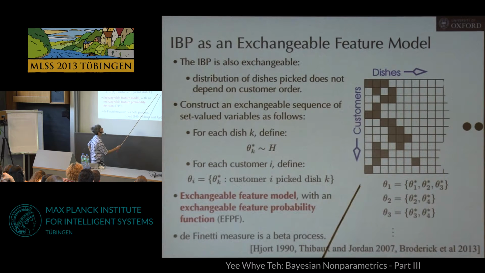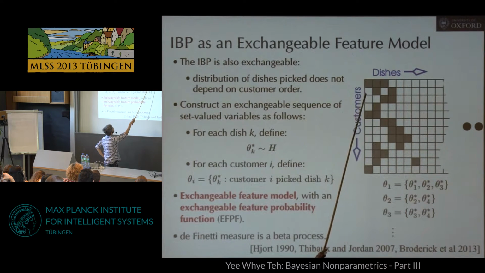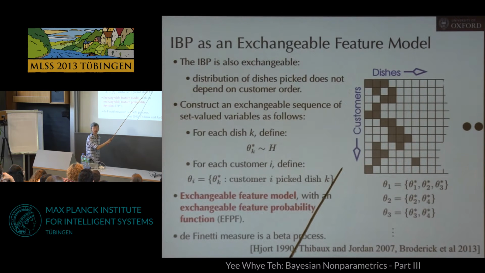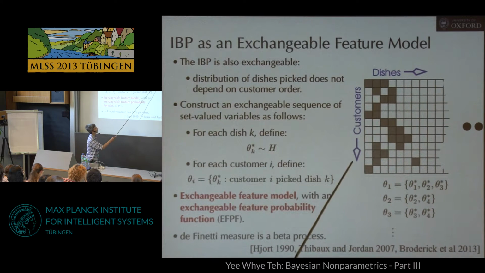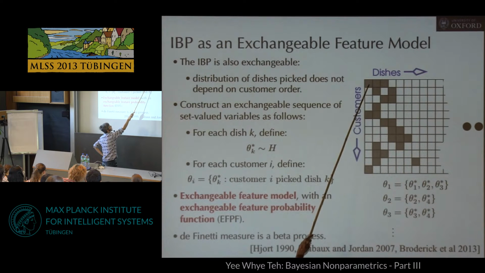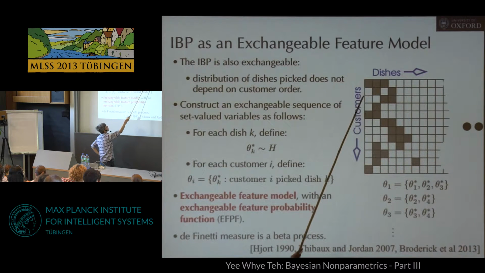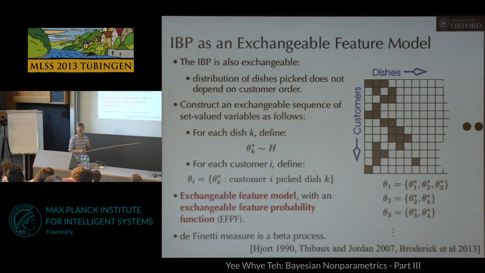In this case, we have a dish that was eaten by customers 1, 5, and the last customer here. If you reorder the customers, then you would reorder the dishes as well, because the dishes that the first customer has are always going to be the first number of dishes when you draw it in this way. So you have to reorder the dishes when you reorder the customers, but you're always going to have a dish that has these entries filled in.